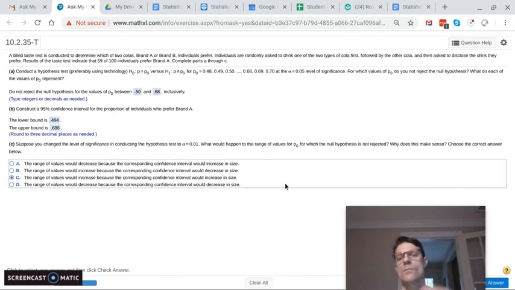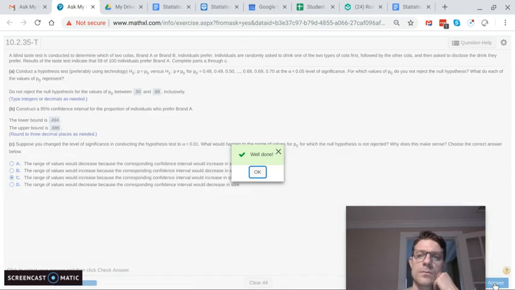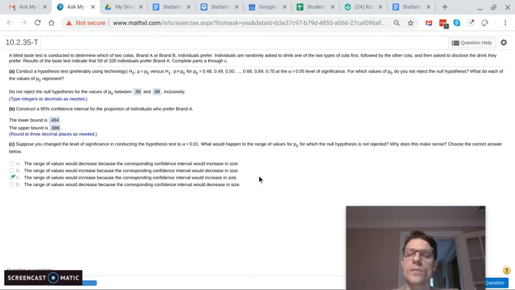Both the area where we do not reject the null hypothesis and the confidence interval at 99% would increase. I hope that makes sense. This is a very conceptually deep question, but it connects two big themes in the class.